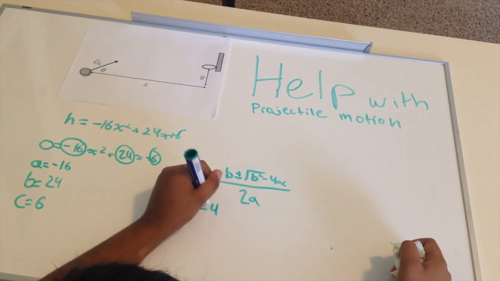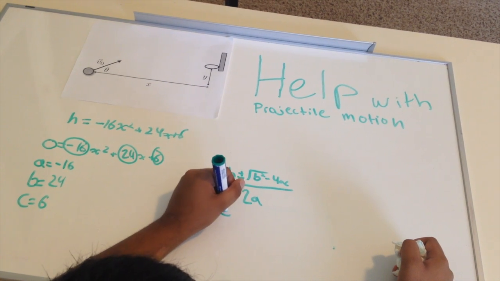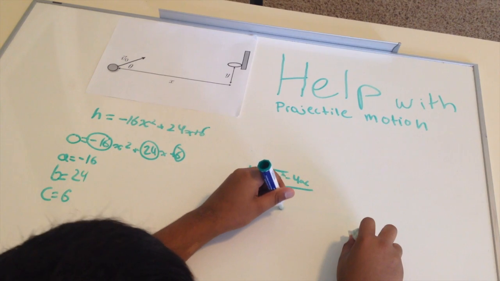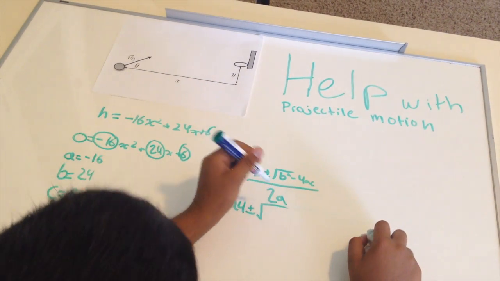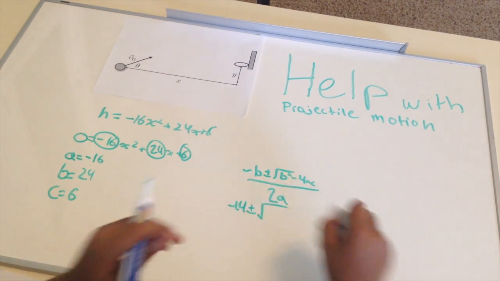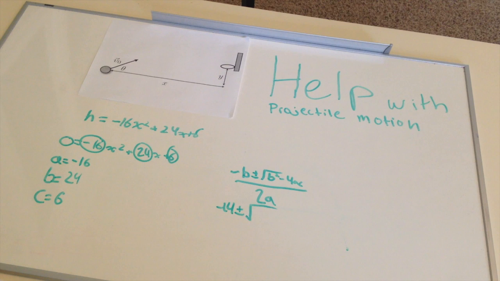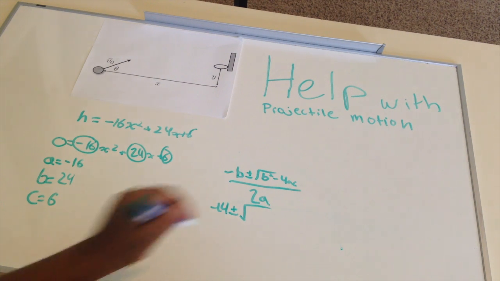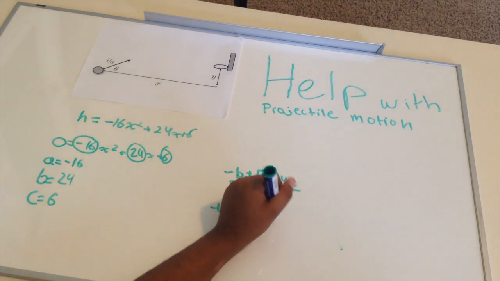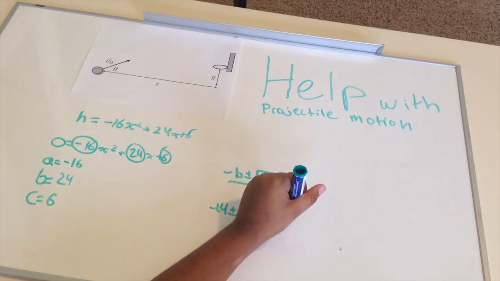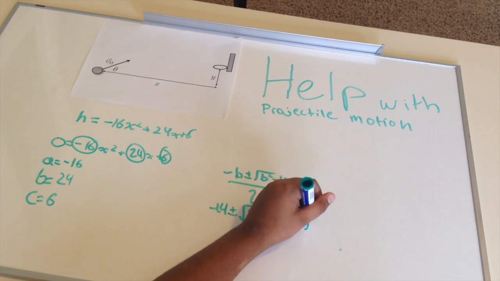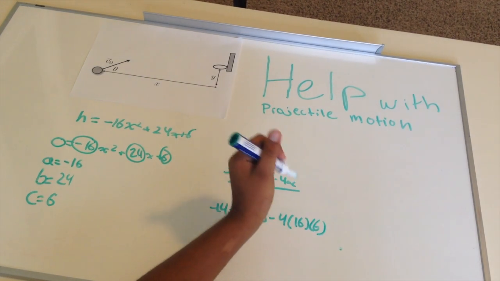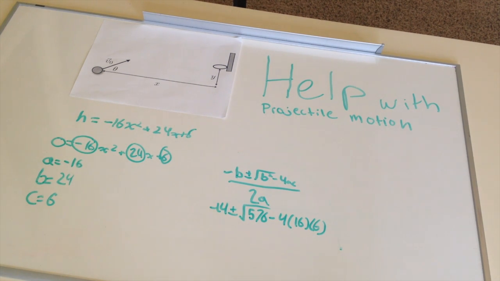So we'll plug this in, we'll get negative 24 plus or minus the square root of b squared, 24 times 24, which computes out to be 576, minus 4 times 16 times 6. 4 times 16 times 6 equals 384.